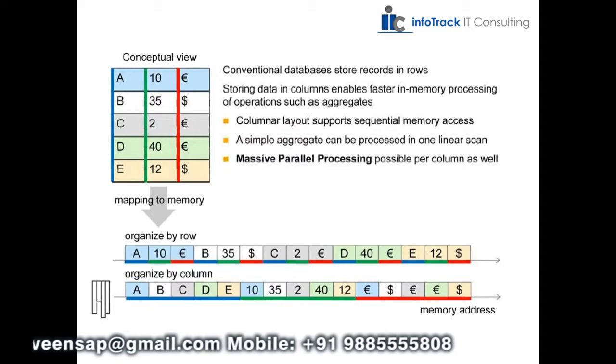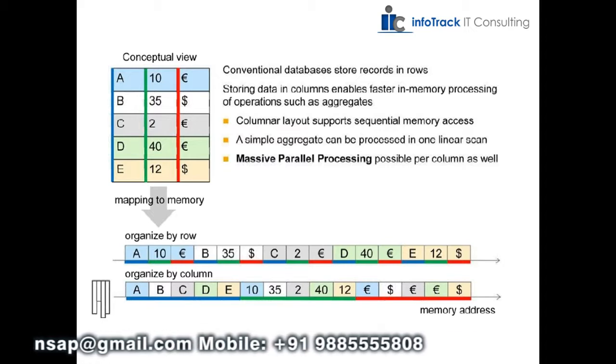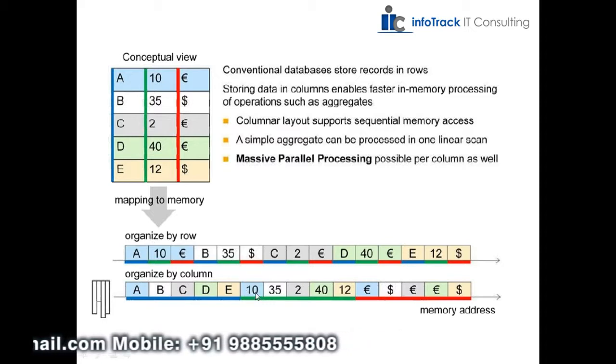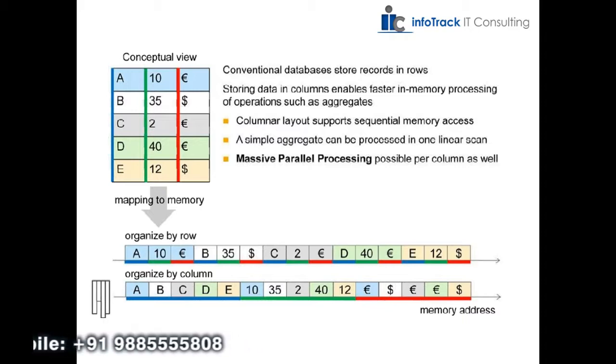In a row store, it needs to search each and every row. Here it doesn't need to search all the columns. As soon as it reaches the numeric value, it will stop searching and calculate everything. So this is how performance is increased using the column store for analysis.